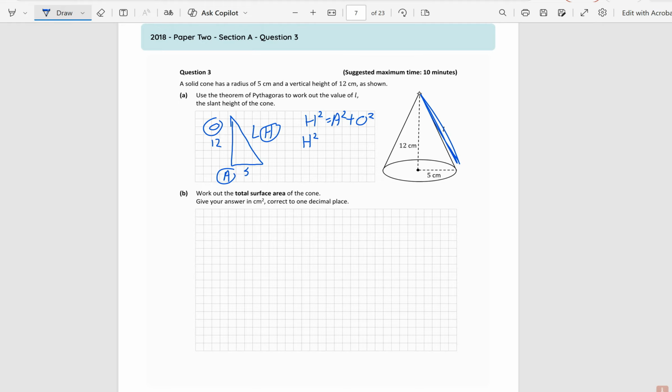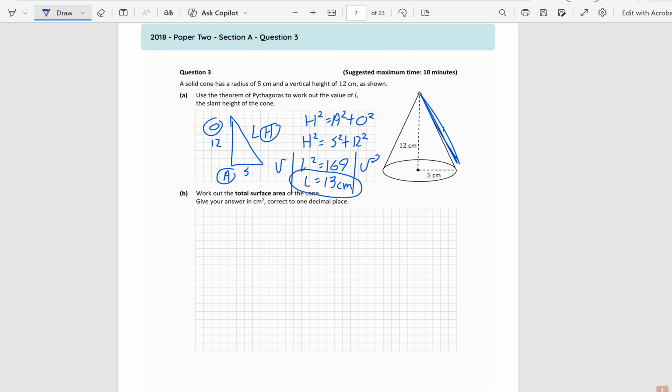Fill it in. H squared equals 5 squared plus 12 squared. And if you do it all out, you'll get L squared equals 169. And root both sides, and you get L equals 13. And it's 13 centimeters. Okay, they'll dock if you don't put in the centimeters.